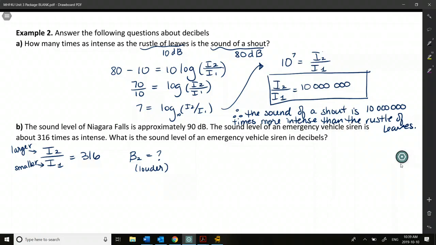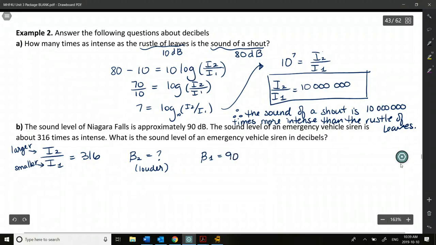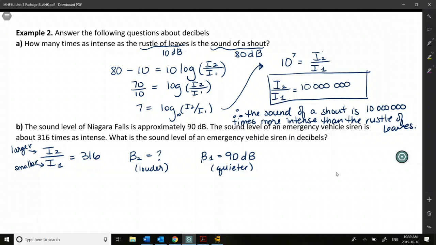Okay, and then I'm going to set beta 1 at 90 decibels because that's the quieter sound. I know that because I said I2 was the greater intensity. So greater intensity means louder sound, right?